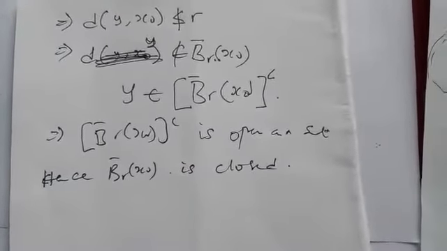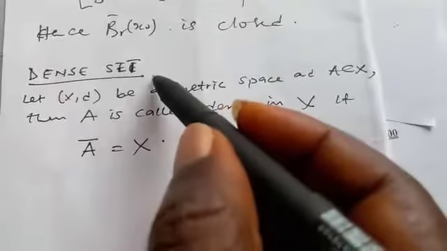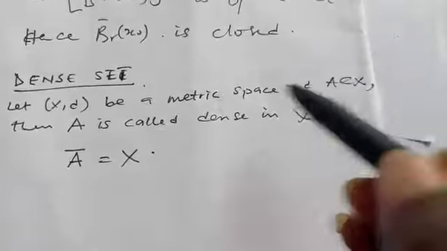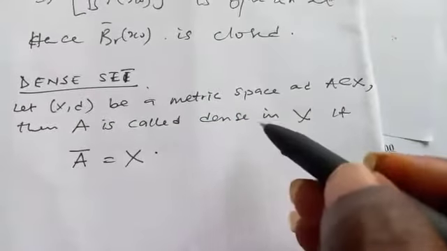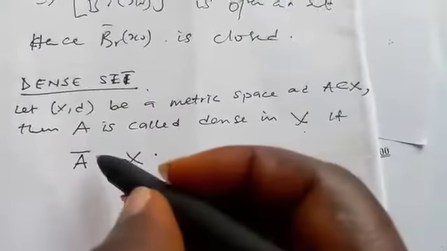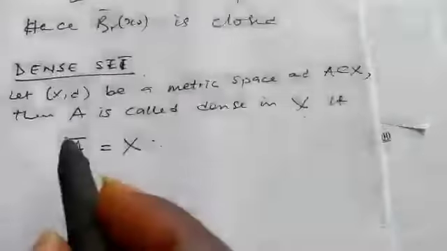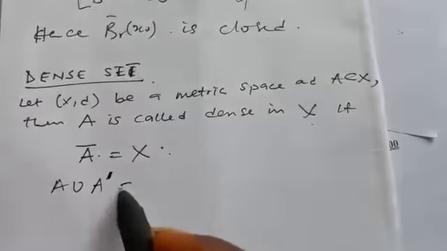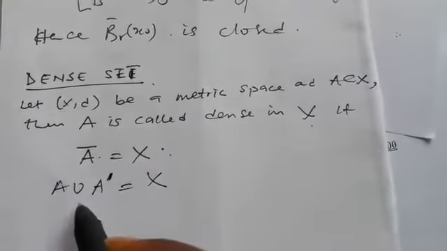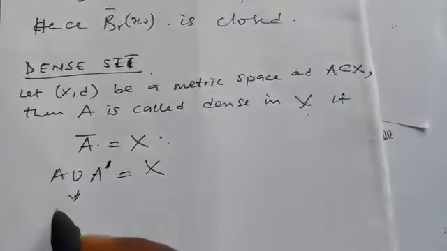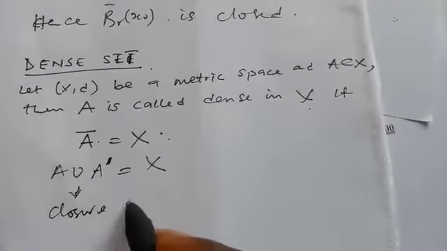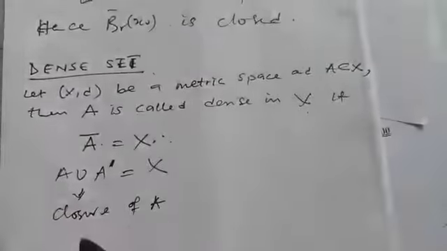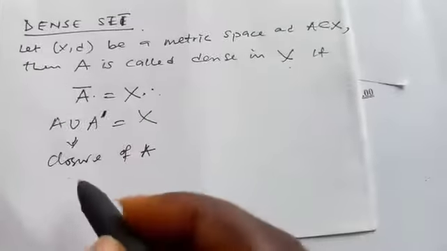So another definition we will consider is dense set. Let S be a metric space and let A be a subset of S. We say that A is dense in X if A bar is equal to X, and we have known what A bar means. A bar means A union its limit points, and this simply means the closure of A. So if the closure of the set is the whole space, then we say that the set is dense.